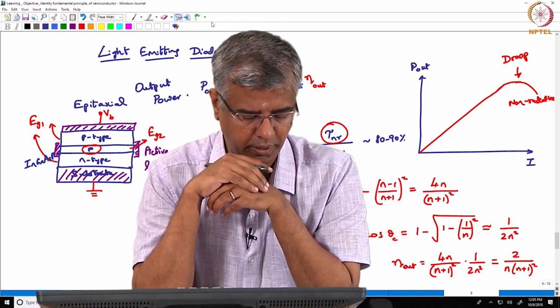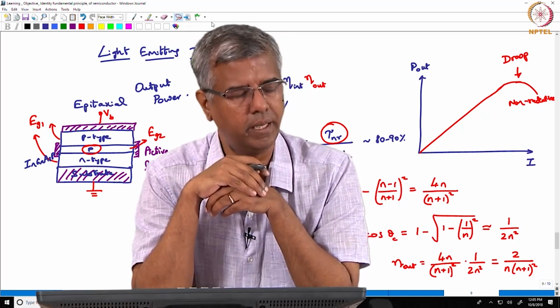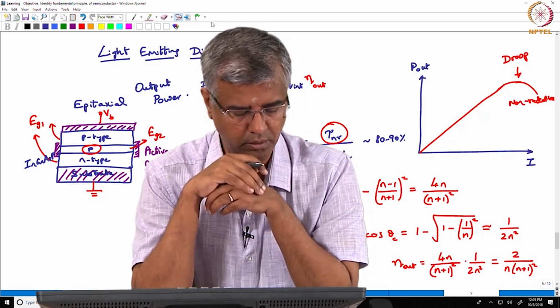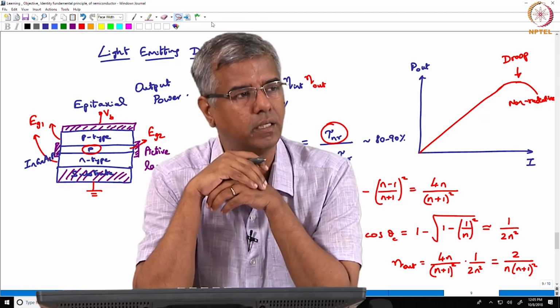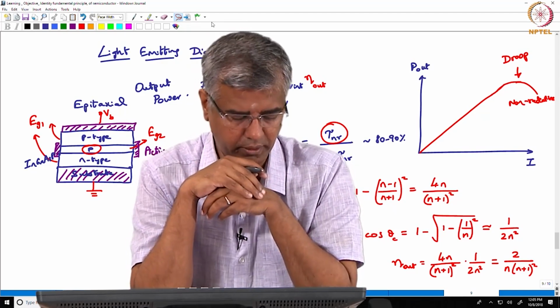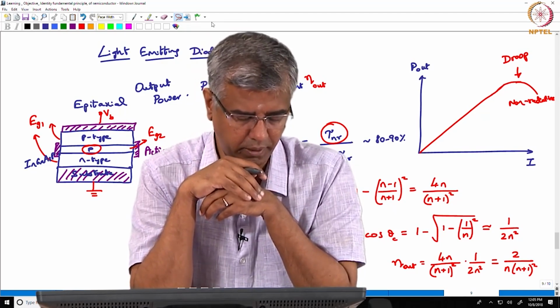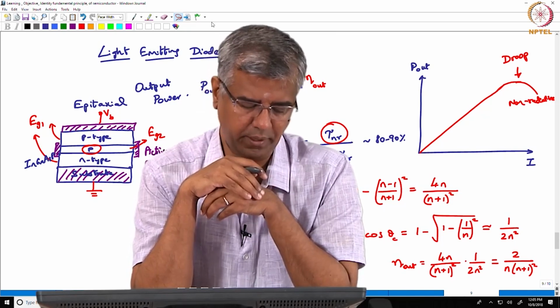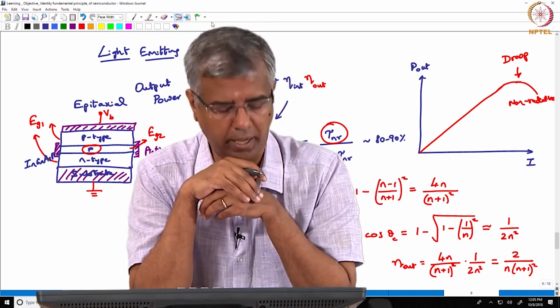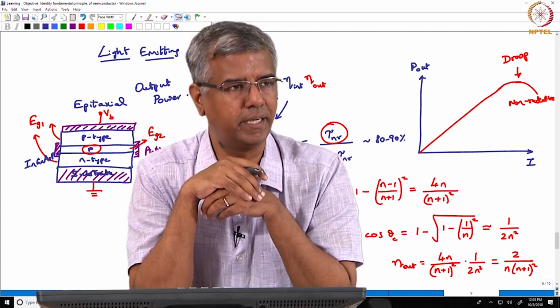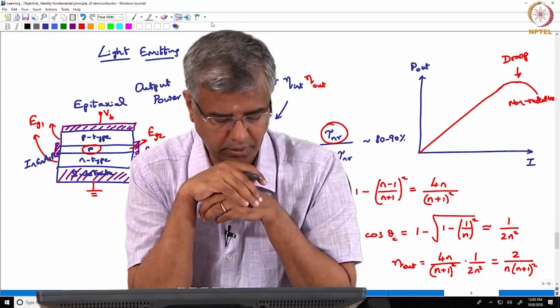So, we can effectively see carrier confinement, and we also said that if you choose a material correctly with lower band gap energy, you might also have higher refractive index in that medium, the active medium.